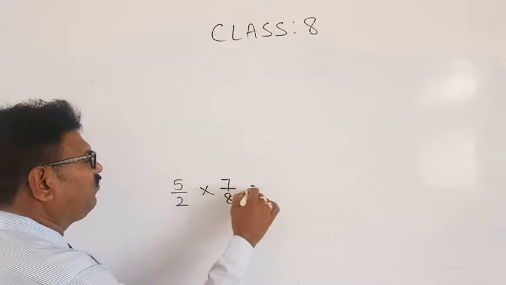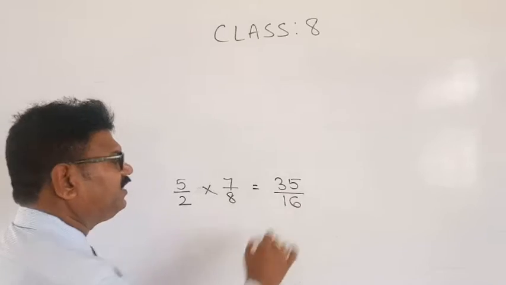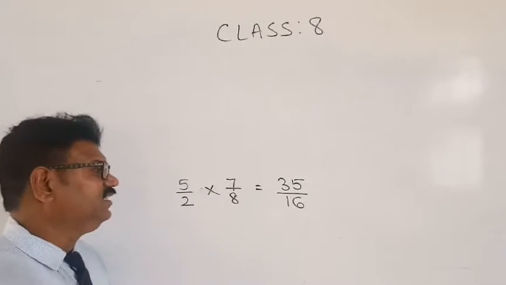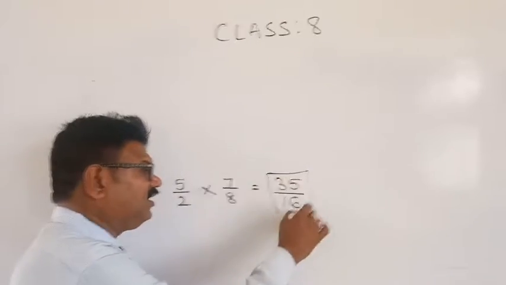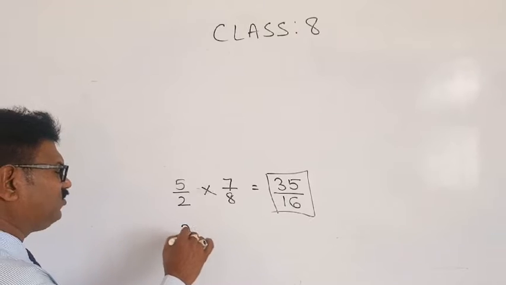Now see, 5 sevens are 35 divided by 2 eights are 16. Whether it is a rational number or not? Yes. Students will tell. One more example you can take.